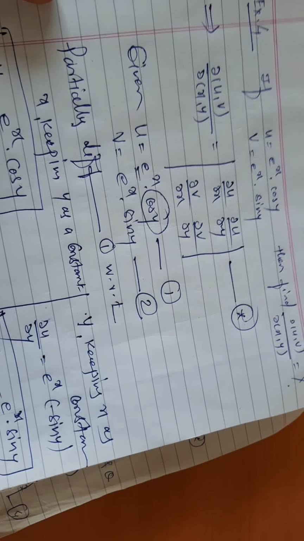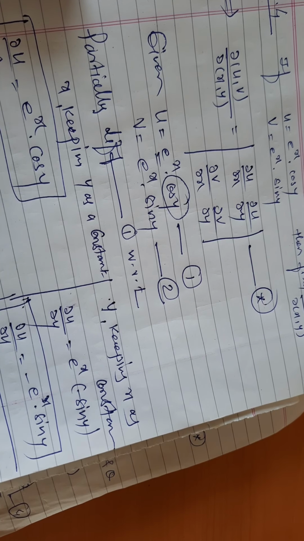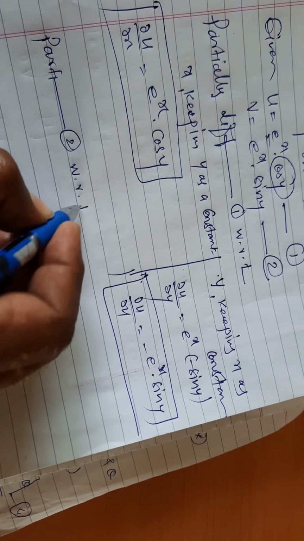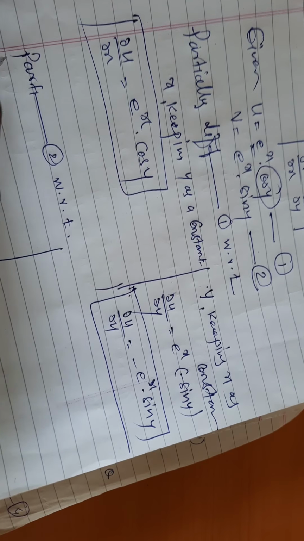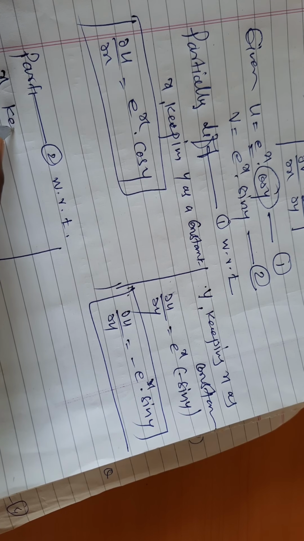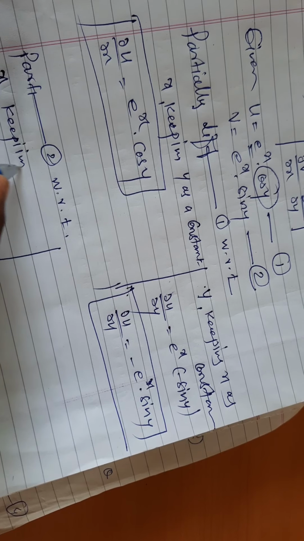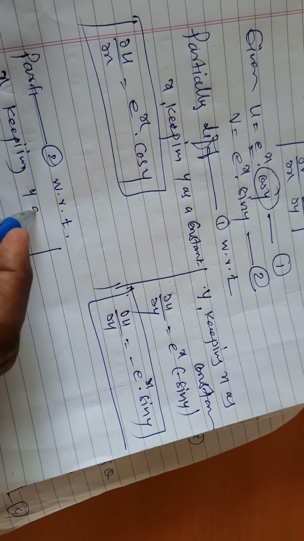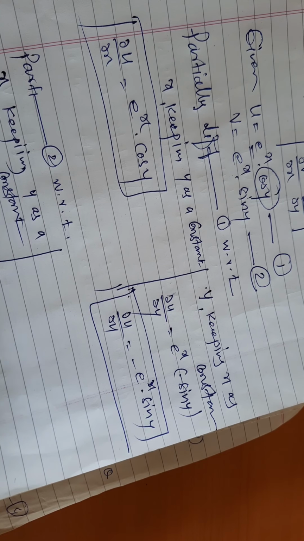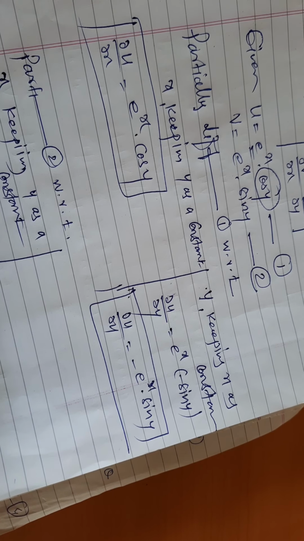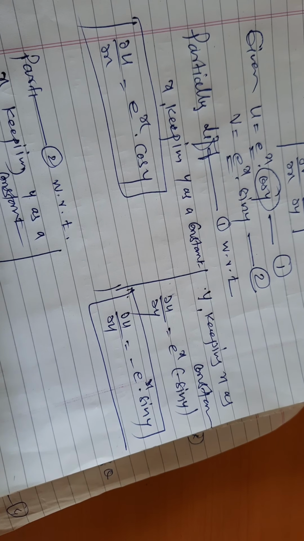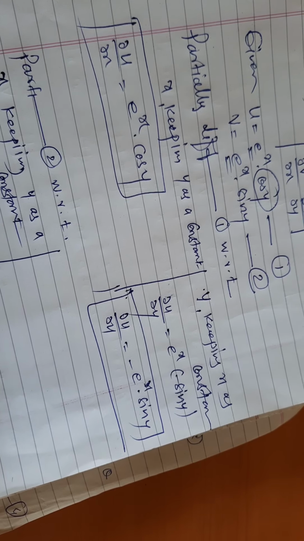And partially differentiating 2 with respect to, first with x, keeping y as a constant. Partial v by partial x is the derivative of e raised to x, which is e raised to x, and sin y as it is, constant y.